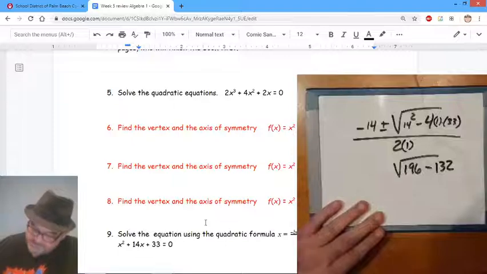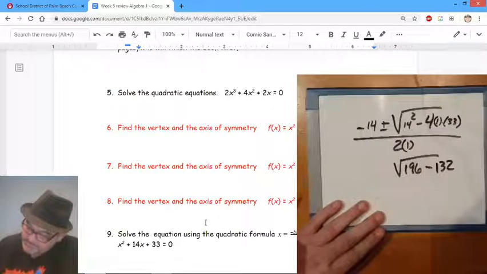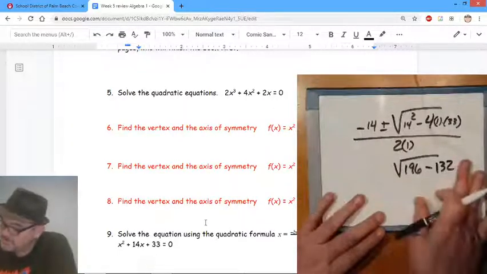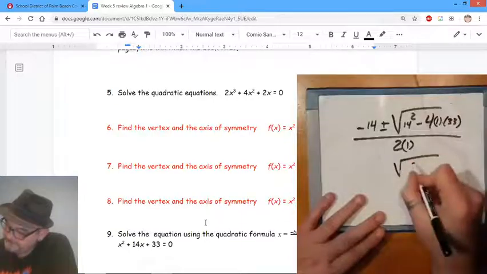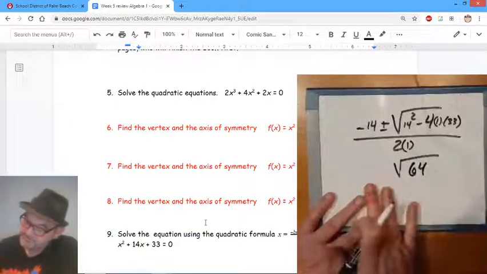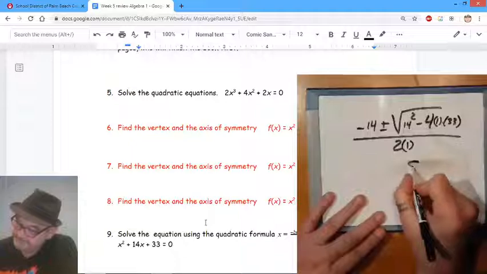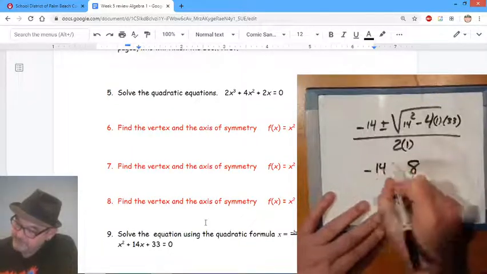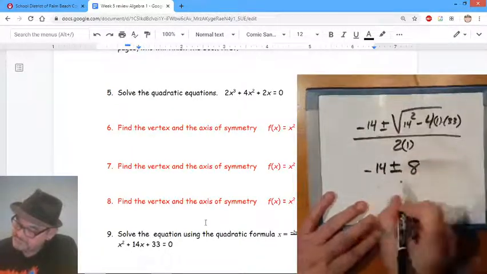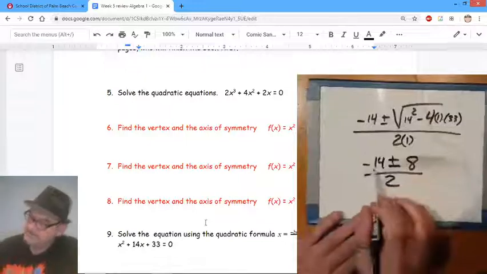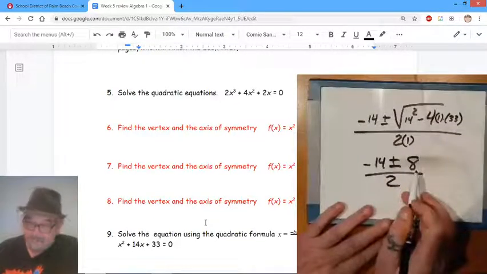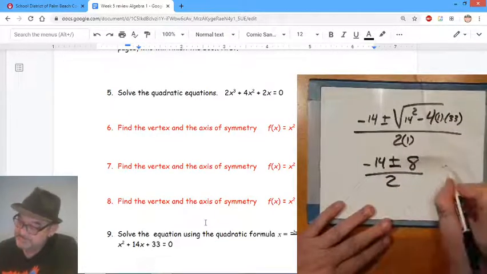So what's 196 minus 132? It is 64. And guess what the square root of 64 is? 8. So I have negative 14 plus or minus 8 divided by 2. What's negative 14 plus 8? Is negative 6. Negative 6 divided by 2, negative 3.